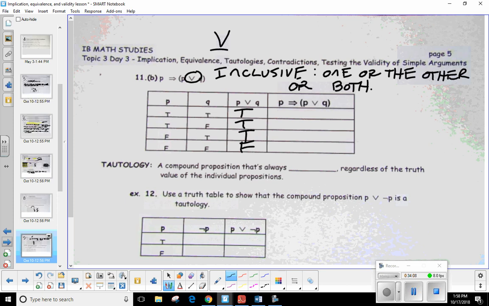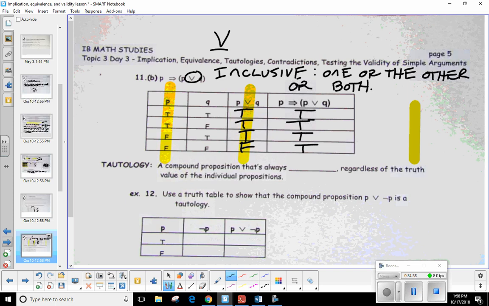I want to show that column P is going to imply this quantity in the third column. So let's see if I still have the highlighter up, and I do. So this one and this one. Now remember, what's the only one we have to look out for? If it's first true, and then the second one is false. But I'm looking at this, true, true is true, true, false, true is still true, and false, false is still true.